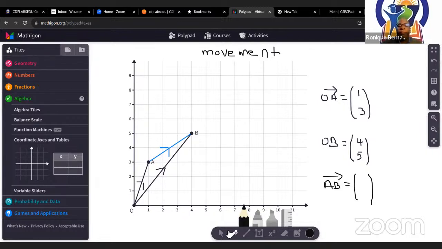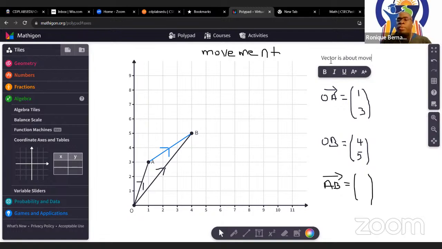As a matter of fact, let me write that so I understand it in text. Let's go over this section and write it in notes. Vector is about movement.